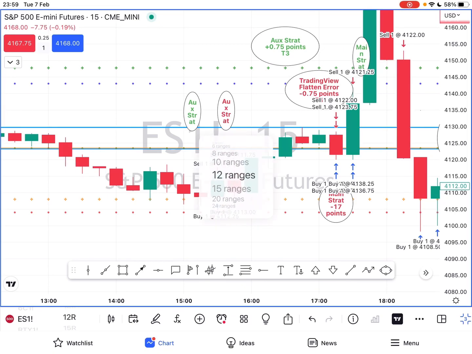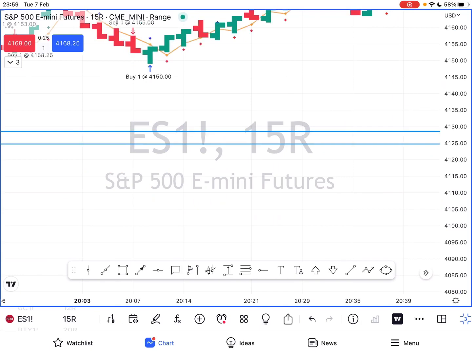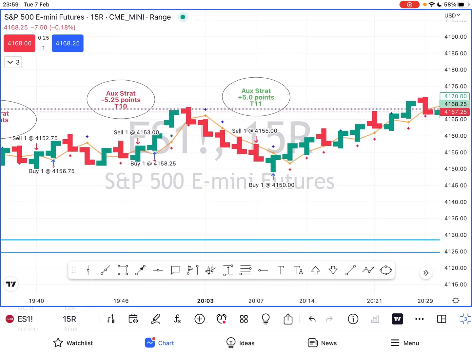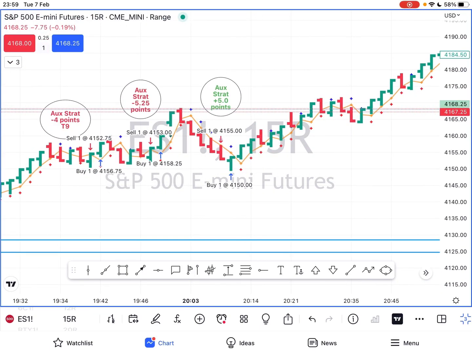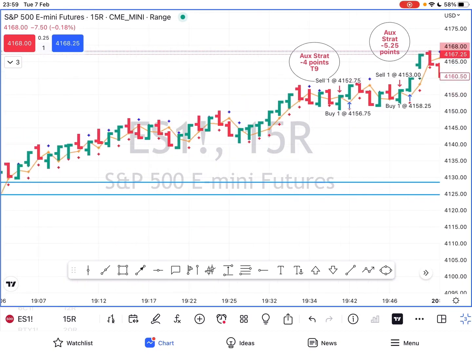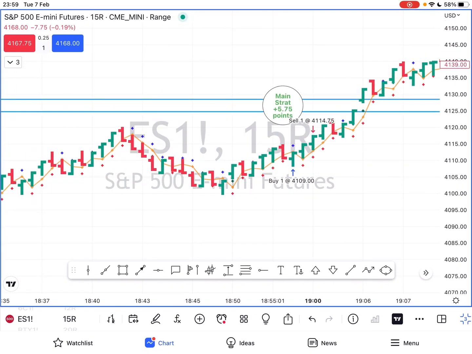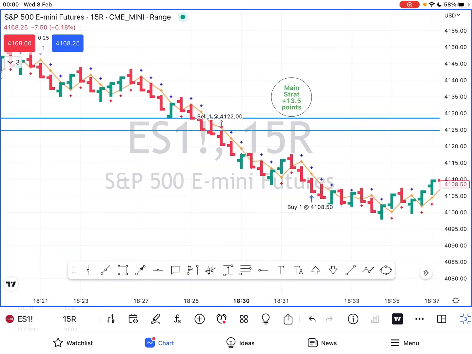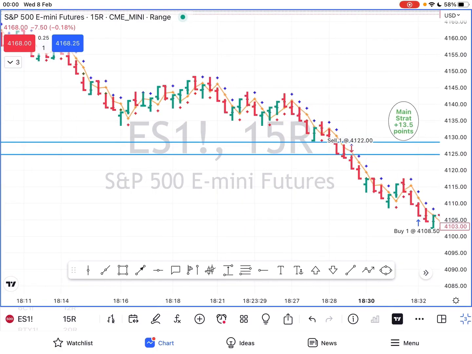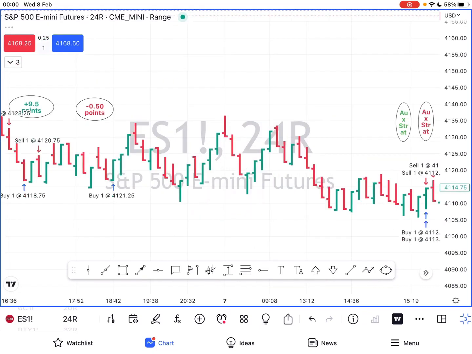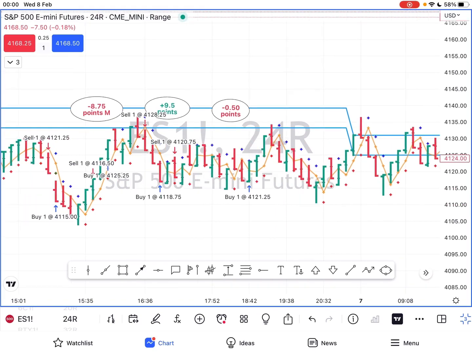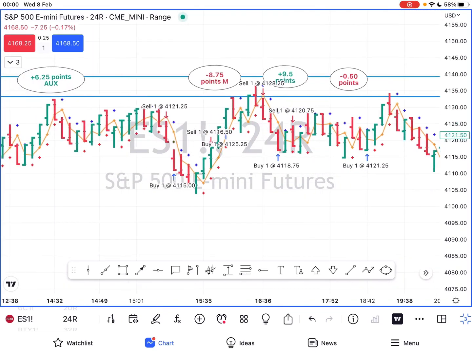So we'll go to the range chart, and that's just so it's legible. Of course, we probably need to use a bigger range. Let's go to 24 range. There we are.